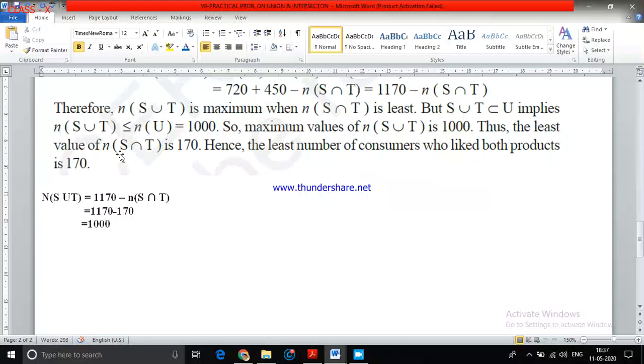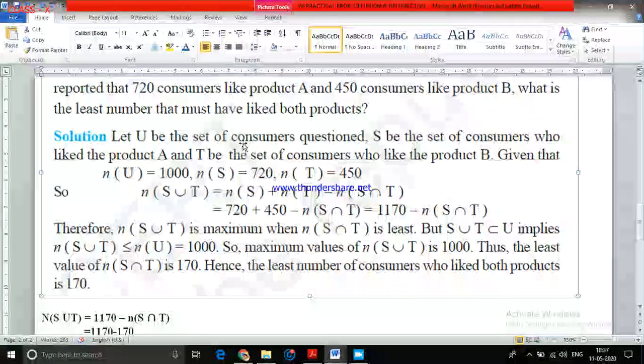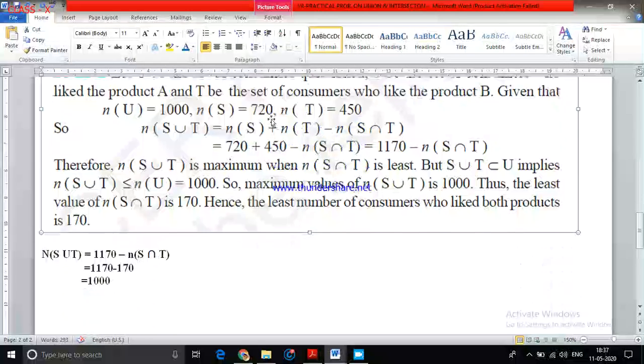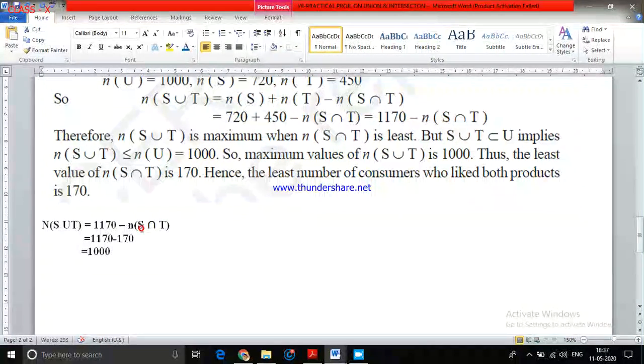Thus the least value of n(S intersection T) is 170. So the question asked, what is the least number that must have liked both the products. So n(S intersection T) must be 170. That is the least value possible, and that is the least value required.